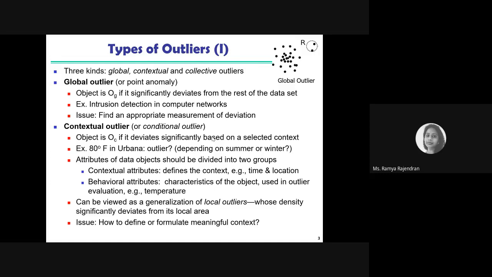This is an example of a contextual outlier. I hope you understand these attributes. Based on time, location, climate, and many other things, you can find an outlier based on the context. It is called a contextual outlier.